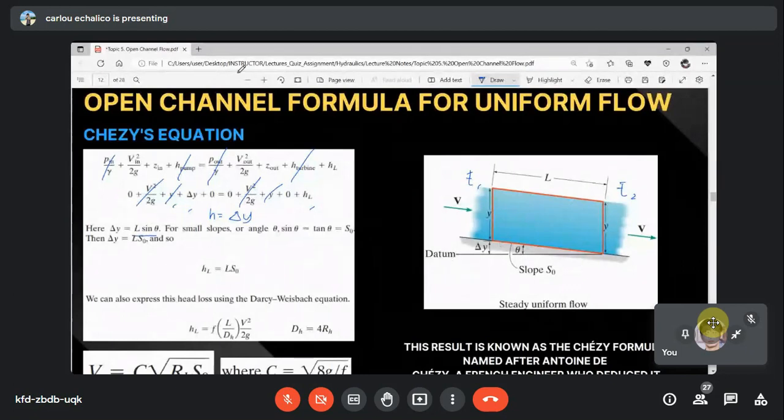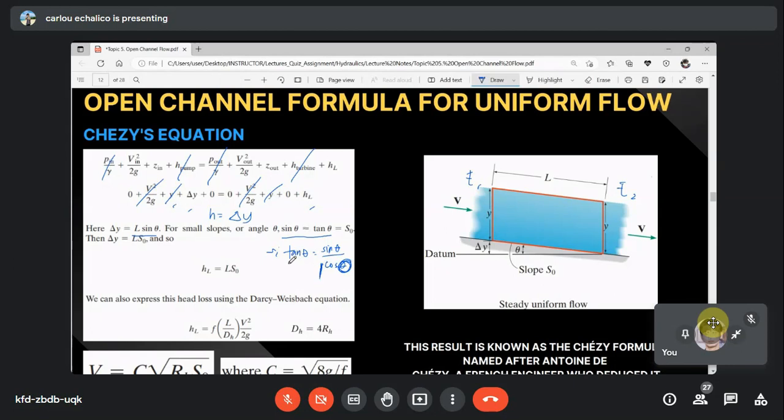For the slopes in a channel, the angles are very small. So for small slopes, sin theta is approximately equal to tan theta. Tan theta is sin theta over cosine theta, right? If our slope is very small, the cosine of a small theta is approximately 1.